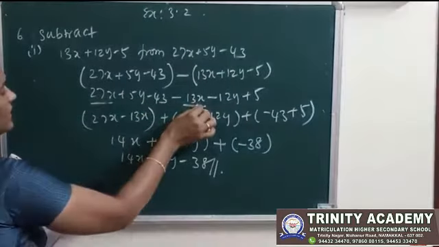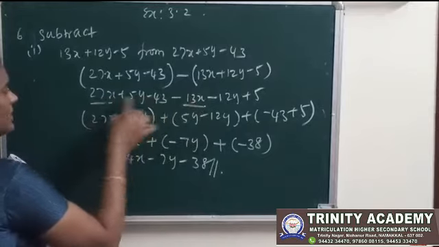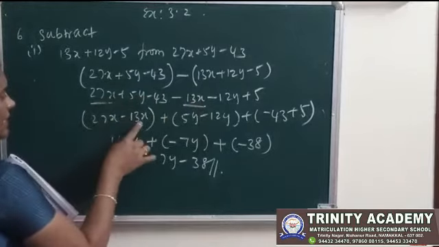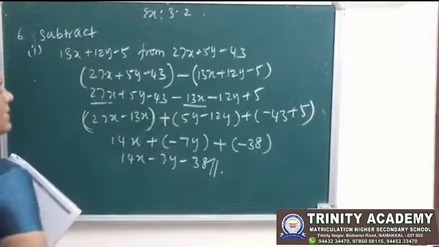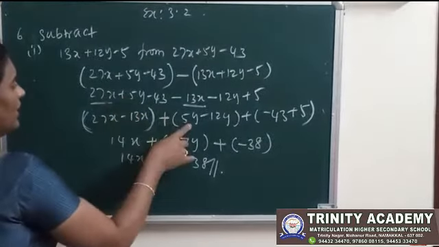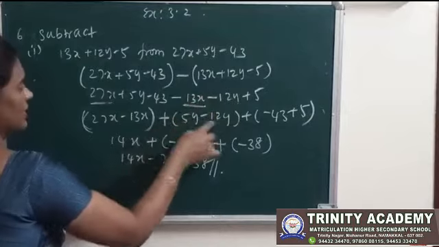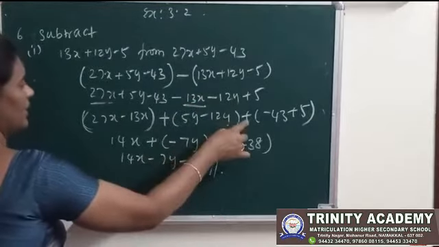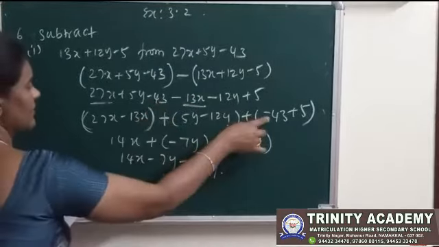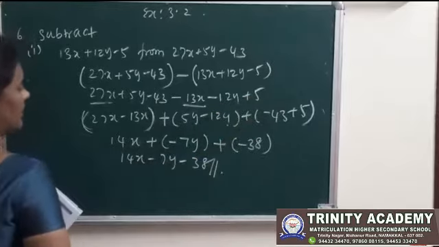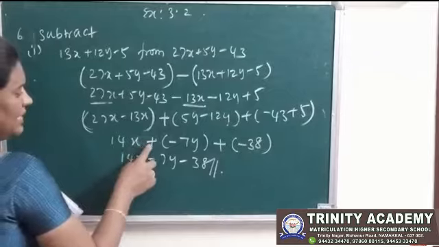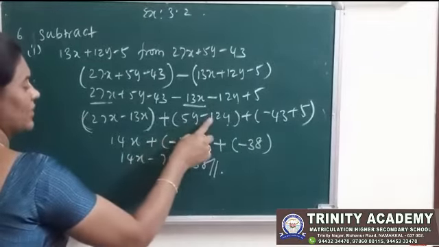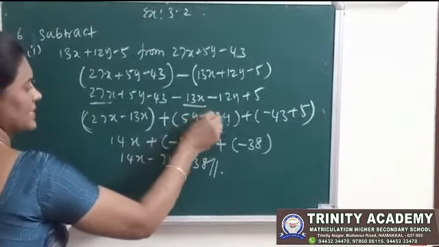Here 27x and minus 13x are like terms. This is x terms. So 27x minus 13x. When we group the terms, we should put plus sign. Then here 5y, then minus 12y. These two terms are like terms. Then plus, here the constant term is minus 43, here plus 5. See, 27 minus 13 is 14x, plus 5y minus 12y. See here, minus.